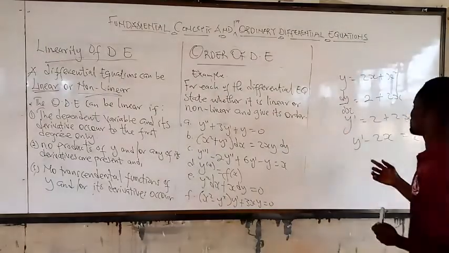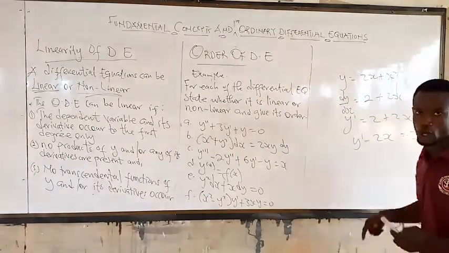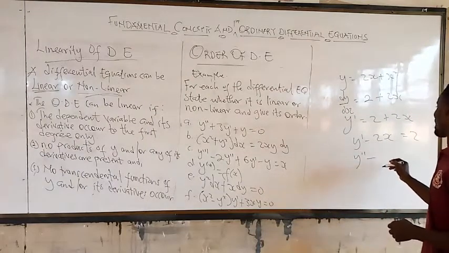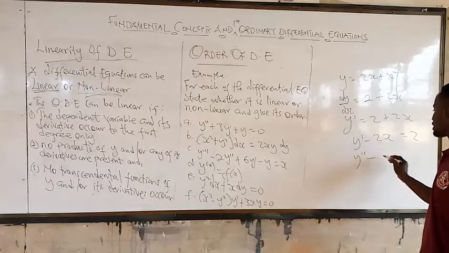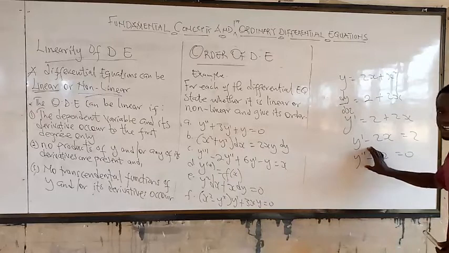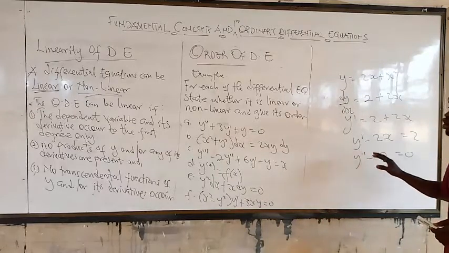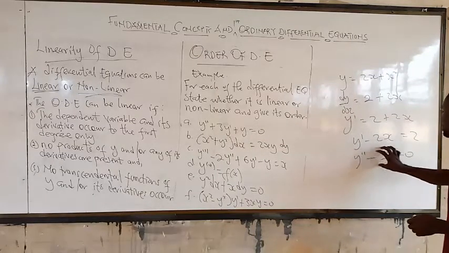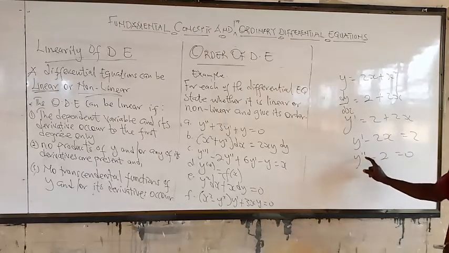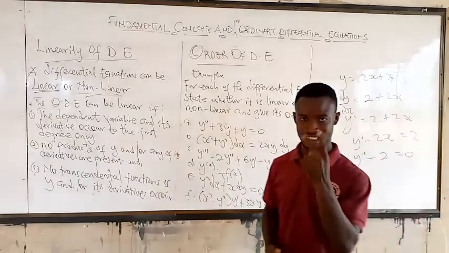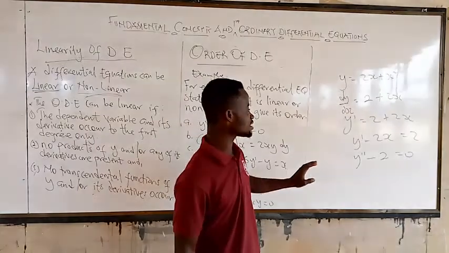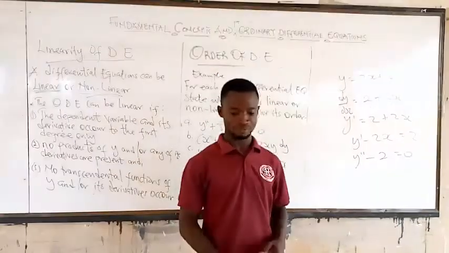But if I differentiate these results again, if I differentiate y prime, I get y prime prime, minus, if I differentiate 2x, I get 2, is equal to 0. This is a second derivative. So the order of this ordinary differential equation is 2, because it is in the second derivative form.